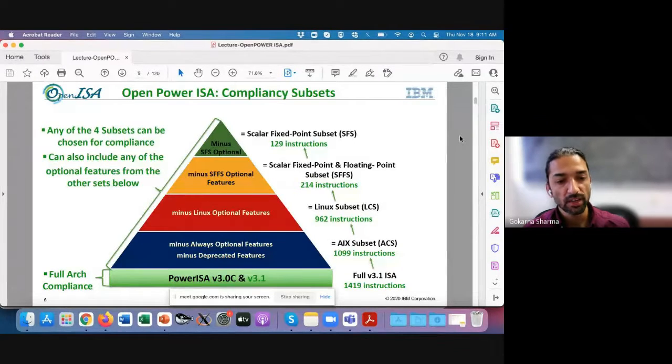If you remove those features, whatever design you come up with is the ACS, and it has 1099 instructions. So basically 320 instructions are gone. If you remove these 320 instructions related to optional features and deprecated features, then you will have this subset.